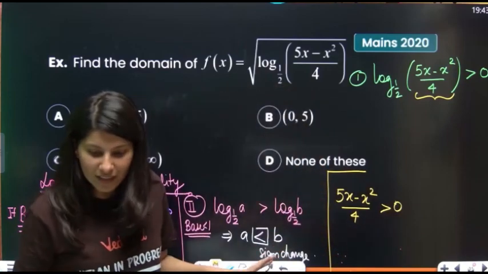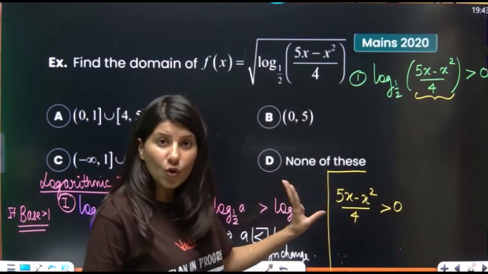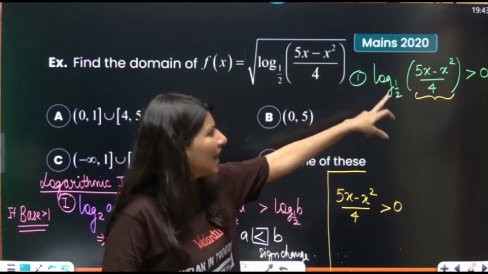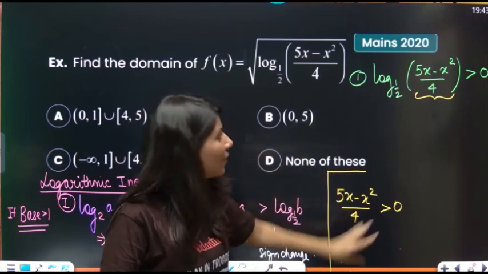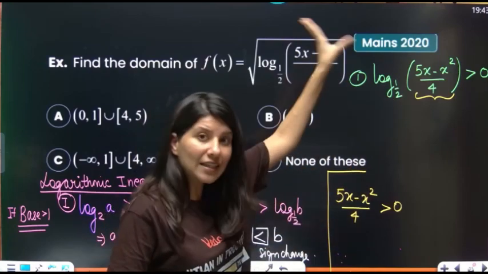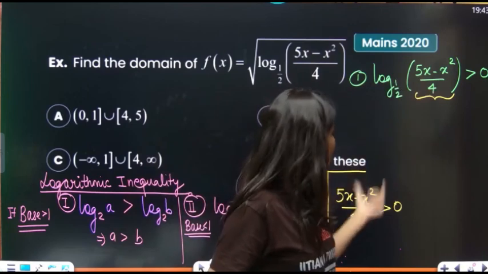This is a very generic thing. Am I doing anything wrong over here? No. This is the domain of logarithm. Log of anything, that number should always be positive. We'll talk about this inequality a little later.